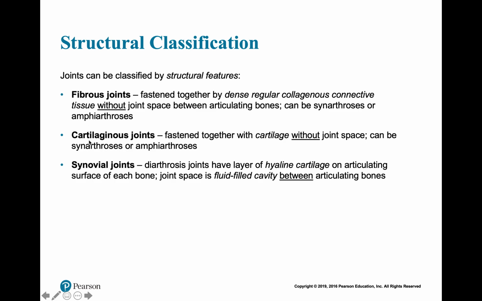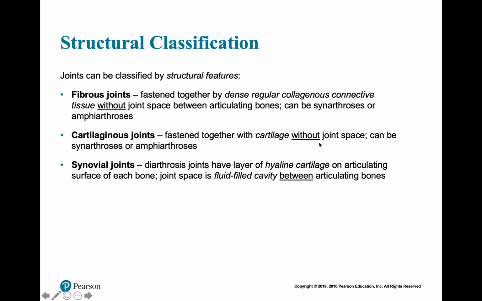Cartilaginous joints, you guessed it, are composed of cartilage connective tissue. And so these bones that are connected by a cartilaginous joint are fastened together with cartilage. We'll see it will be either hyaline cartilage or fibrocartilage. Cartilaginous joints also lack a joint space or a joint cavity.